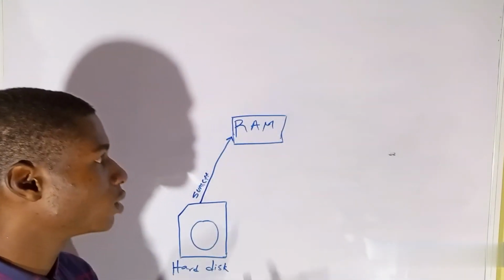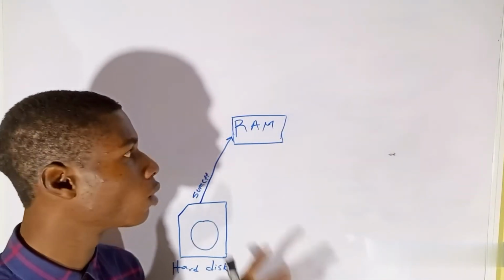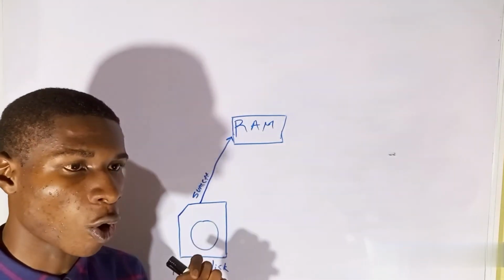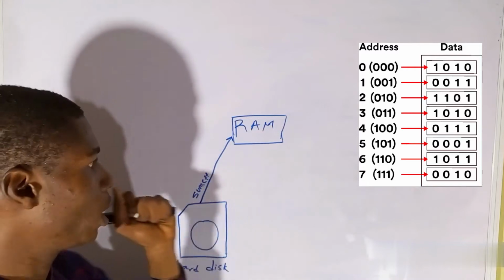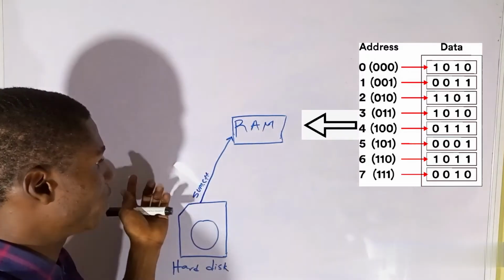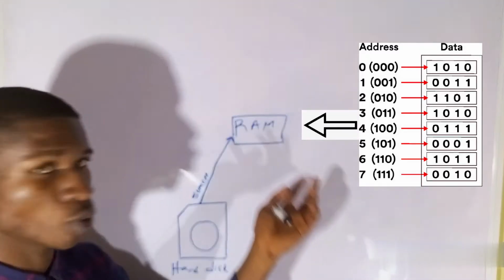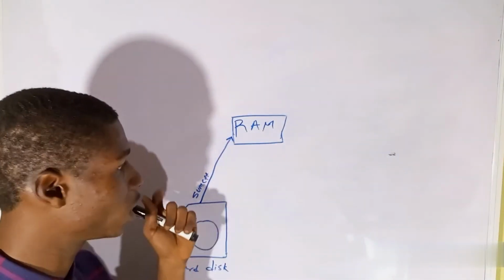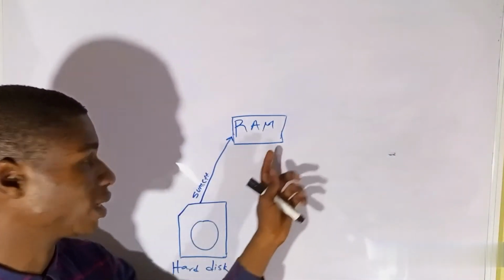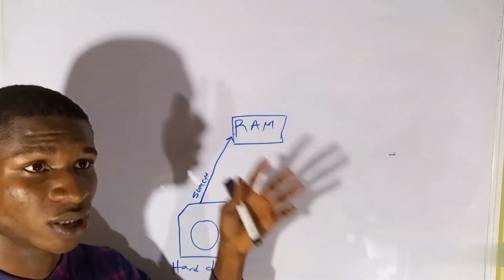However, the RAM can only store programs in the form of machine code, so basically ones and zeros. And we are trying to move a C++ program into it, so that won't work. This C++ code must be converted to a form that the RAM can understand, which is machine code.